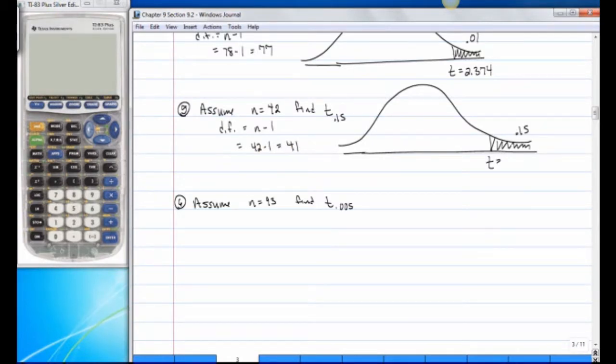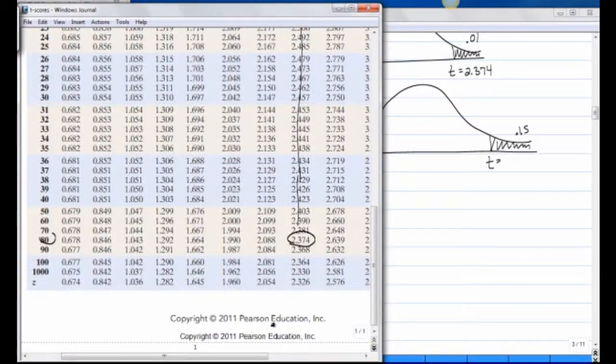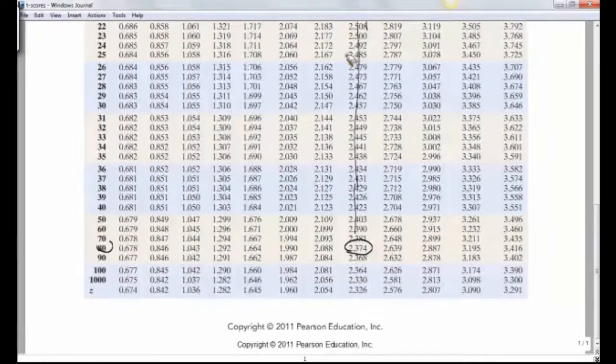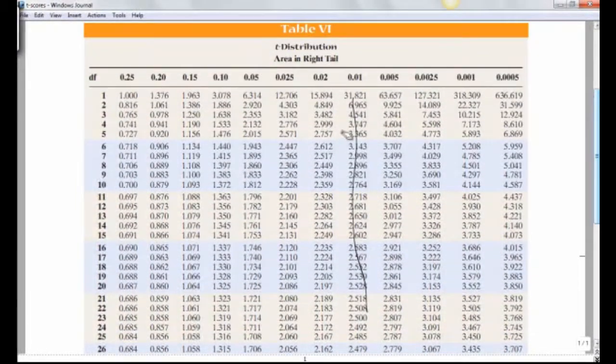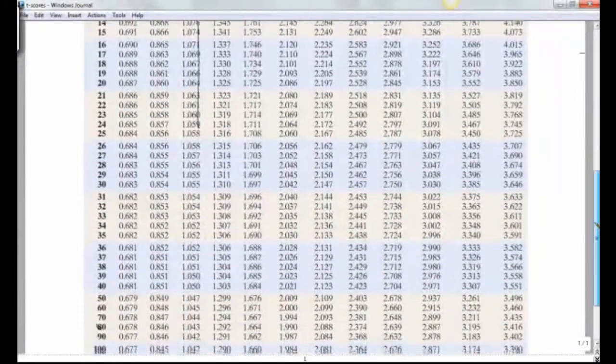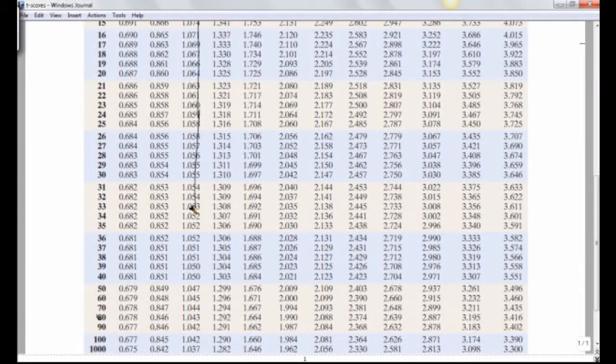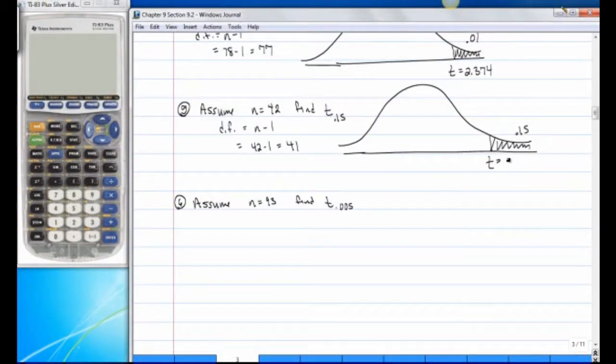So 0.15 and 41. 0.15, we're in this third column. 41 is not on there, but 41 is closer to 40 than 50. So we'll use 1.050.